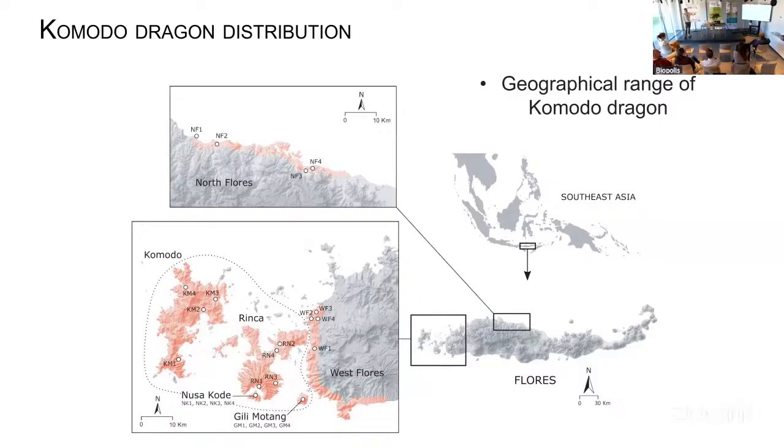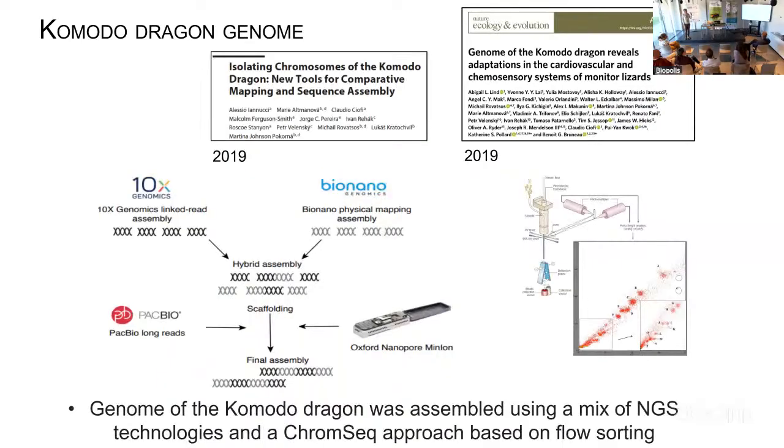So the Komodo dragon lives only in Indonesia, in the Lesser Sunda Islands. In 2019, we isolated the chromosomes of the Komodo dragon using flow cytometry, and we produced the first reference genome for the species using a mix of NGS technologies.